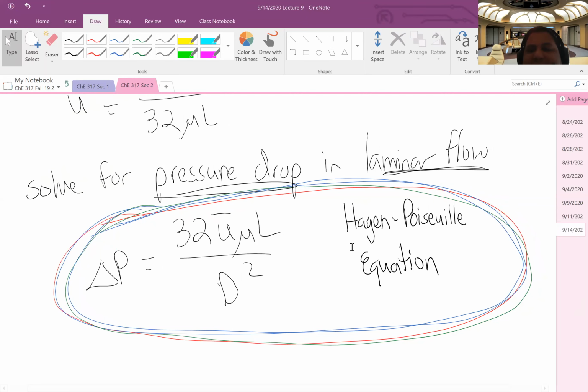Any points of clarification I can make on how I was able to derive this Hagen-Poiseuille expression by looking at flow through a pipe, particularly laminar flow, and building off our previous expressions that we had discussed in laminar flow as it related to both flow and shear?